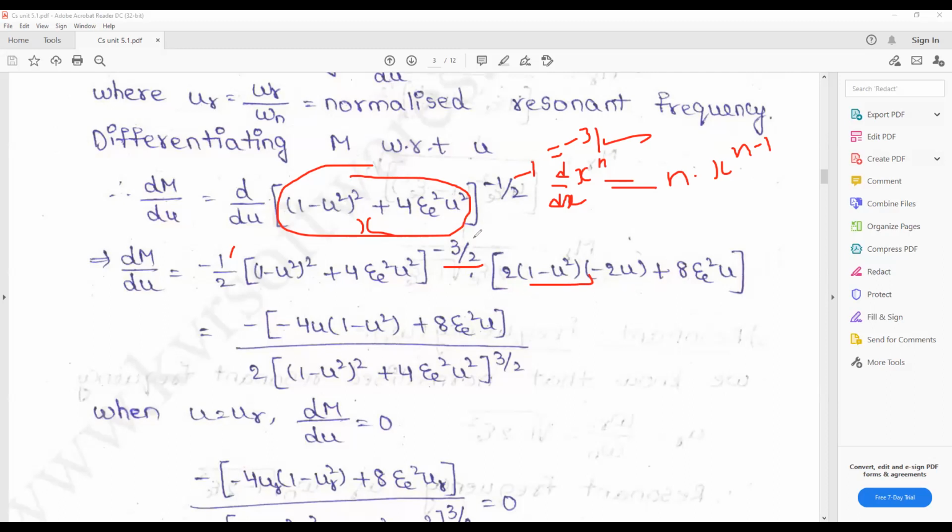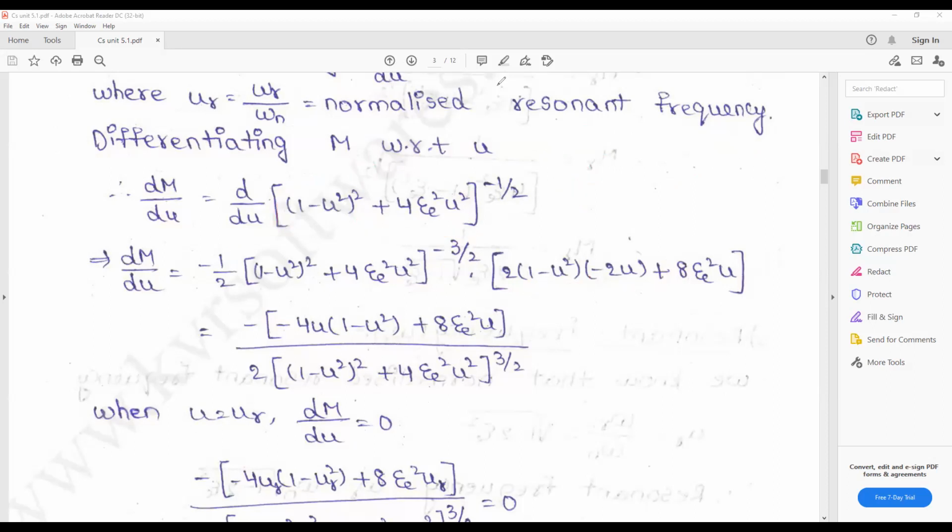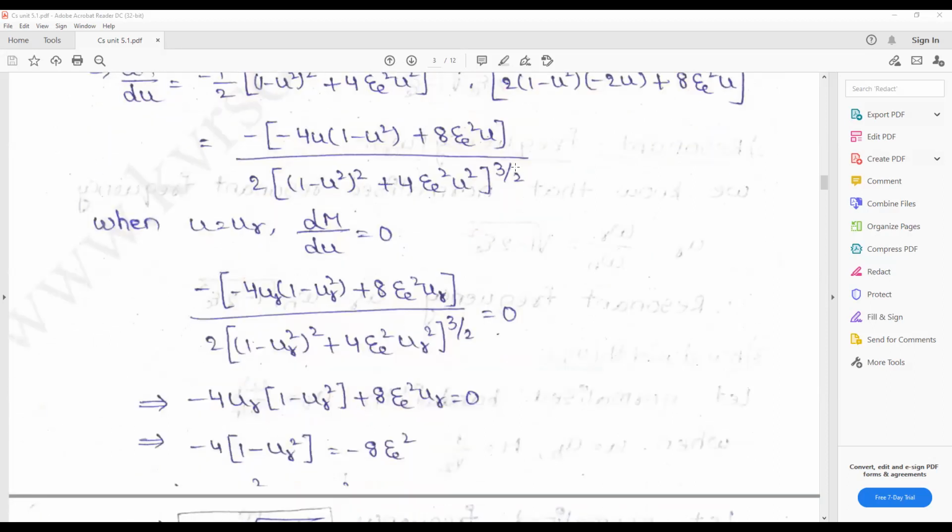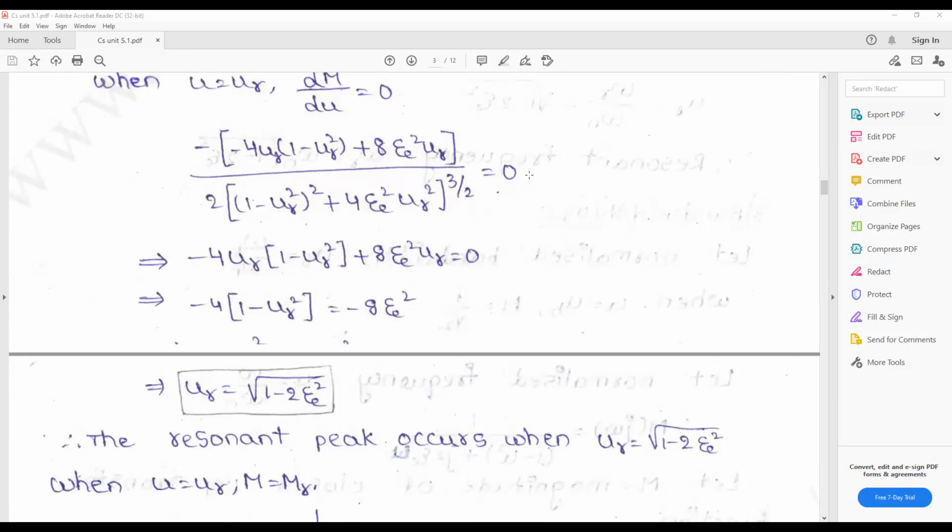The minus power comes to the denominator. So d M by d u equal to 0. What is the condition for the maximum resonant peak? It is equal to 0.